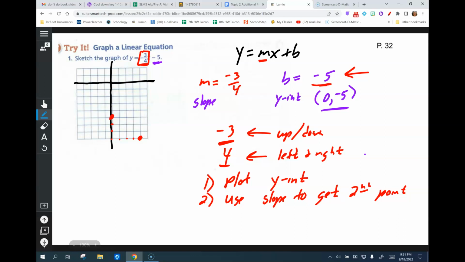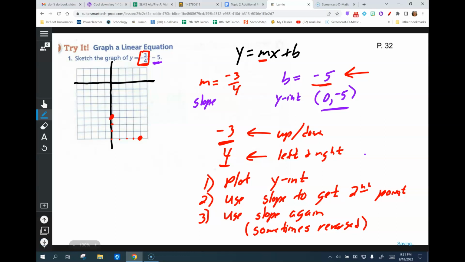Now, you could keep on going down 3/4, but that doesn't work. So what we can do is we actually take our slope to find our other point. Okay, so use slope to get second point, and then use slope again, sometimes in the reverse, sometimes reversed. Okay, don't flip it.